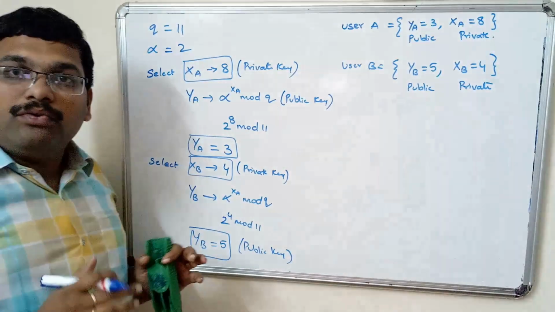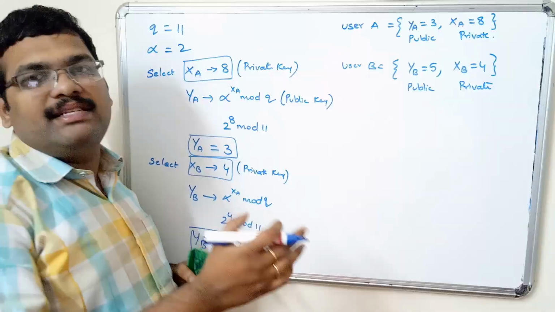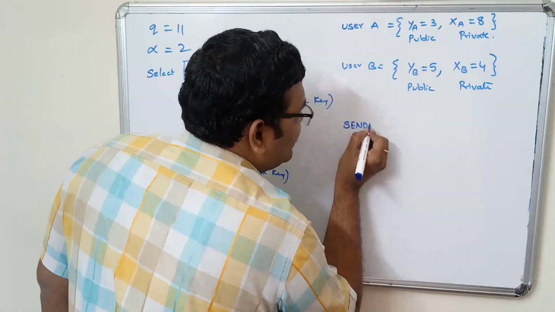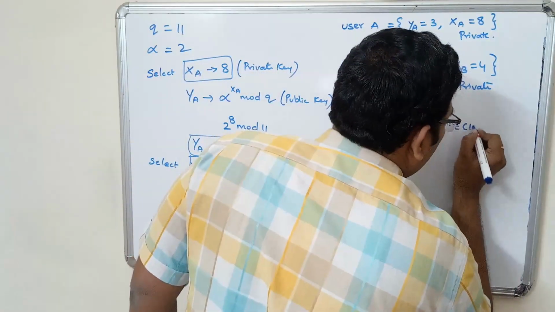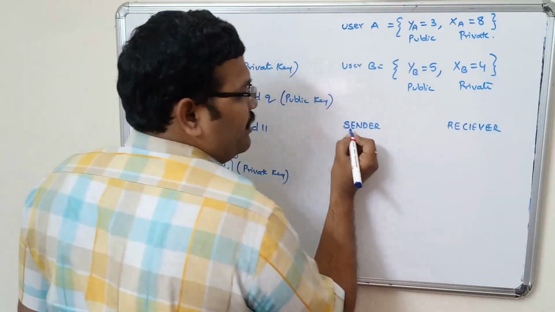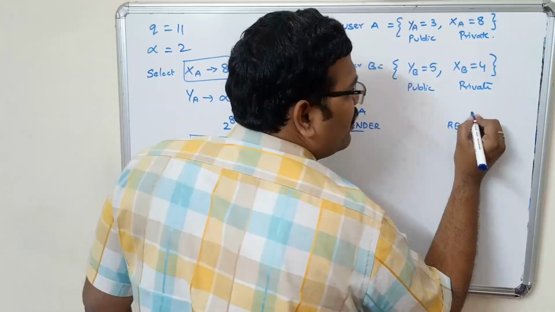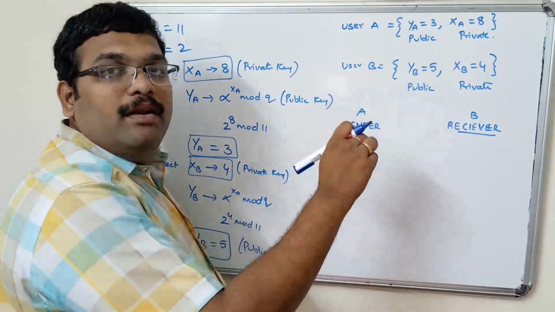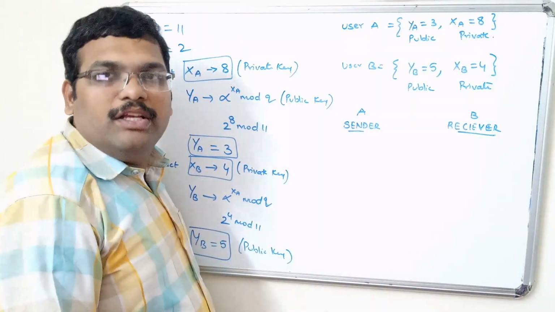Now we have to calculate the secret key at both the sender side and the receiver side. So this is the sender side, A, and this is the receiver side, B. As we know, the public key is available publicly to all the users in the network.